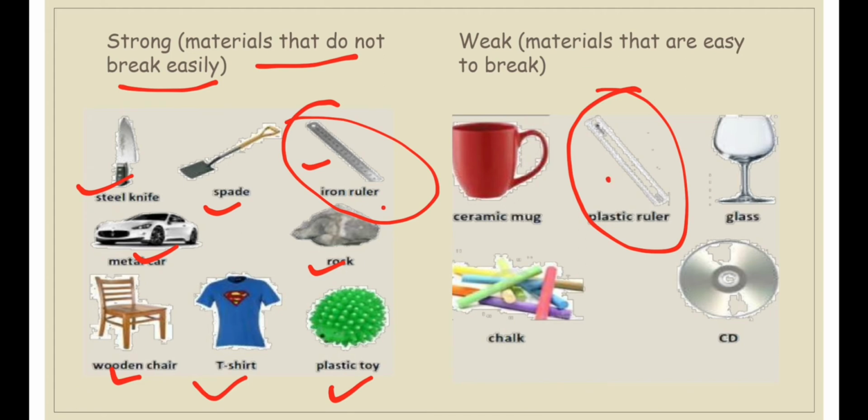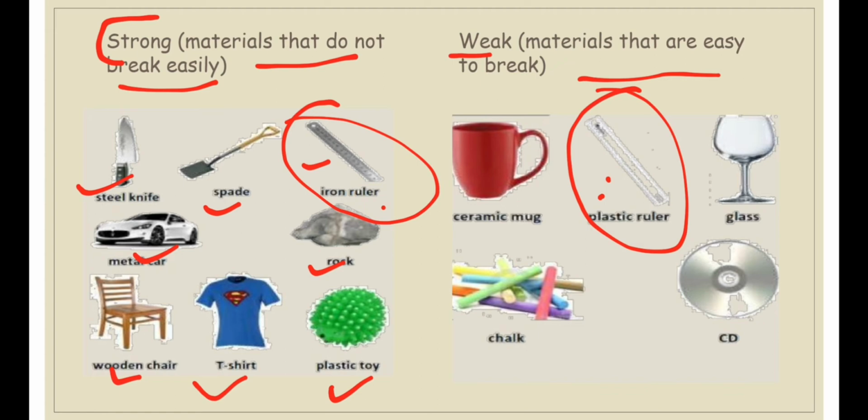The rulers are the same object but their material is different. So the iron ruler is strong and the plastic ruler is weak, which means that the plastic ruler can break easily, whereas the steel or iron ruler does not break easily. We have the same object, that is ruler, but their materials are different, so their properties are different as well.